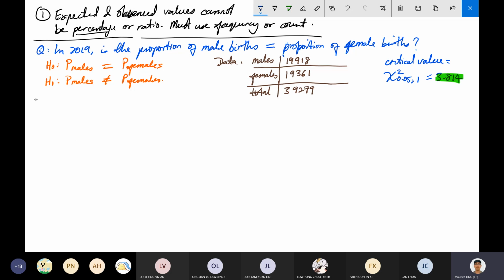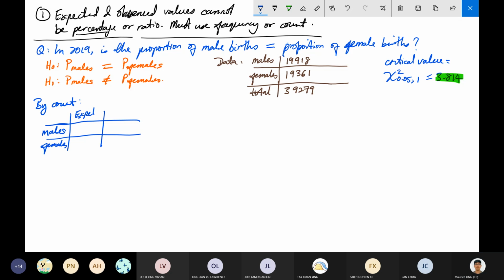Okay. So if we do by count, so we will draw our table, so we have males, females, your expected and your observed.